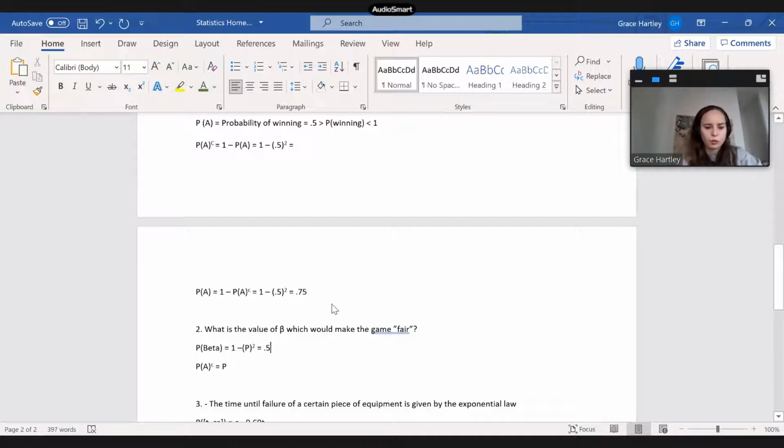And then solving for p. So it goes negative p squared equals negative 0.5. This is the fun part.